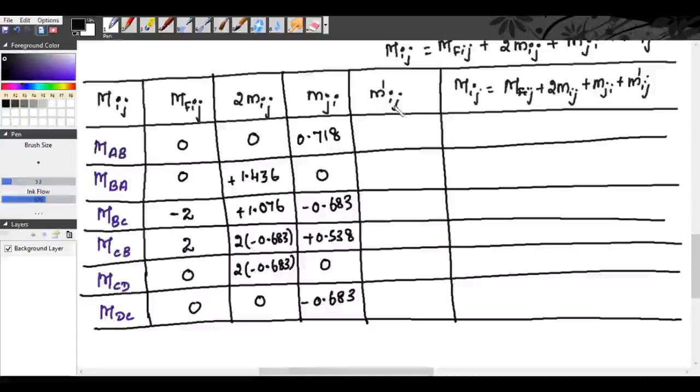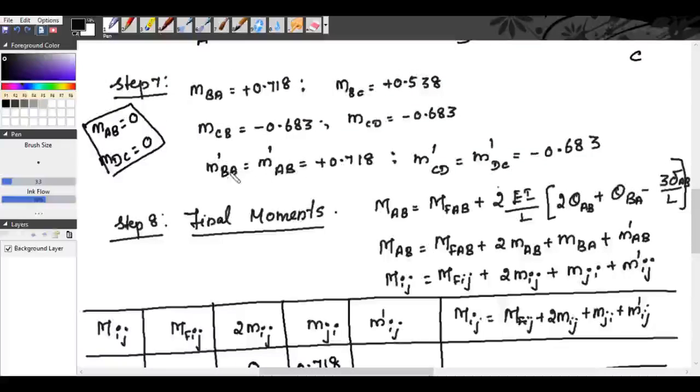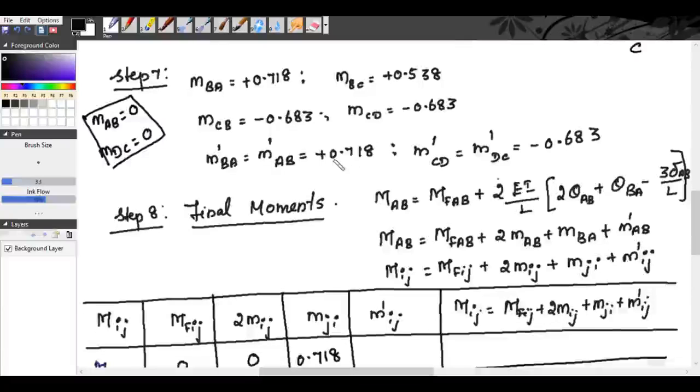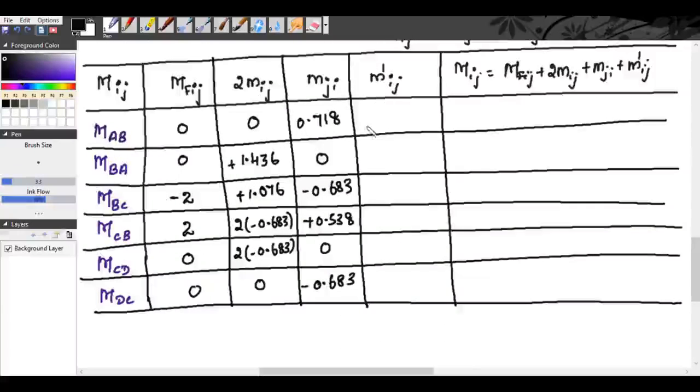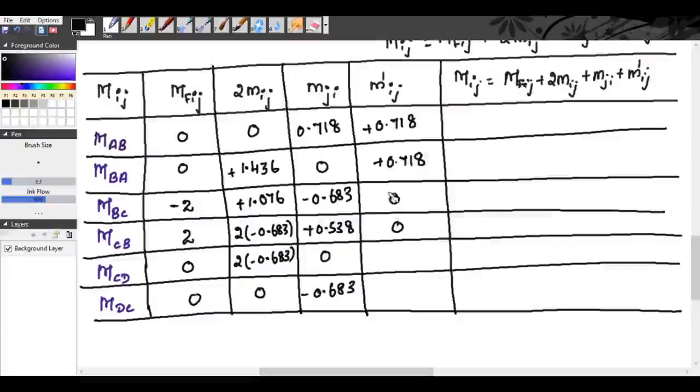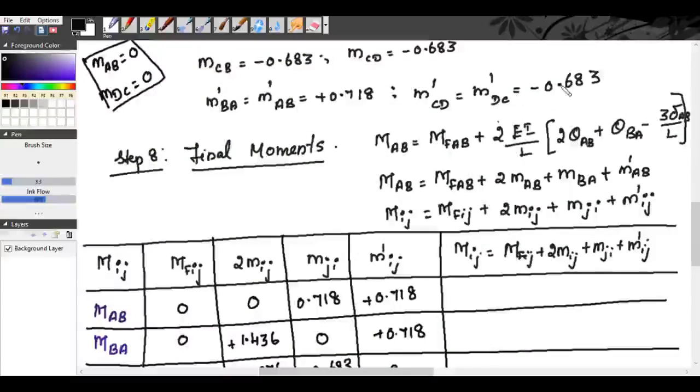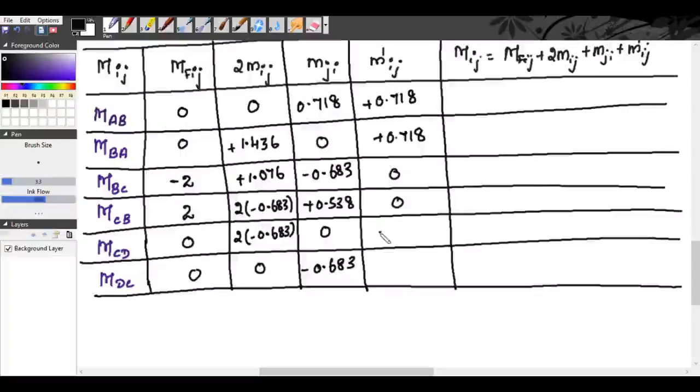M dash of IJ means M dash of AB, M dash of BA, etc. So M dash for AB and BA it is plus 0.718. For BC and CB it is 0. For CD and DC minus 0.683.